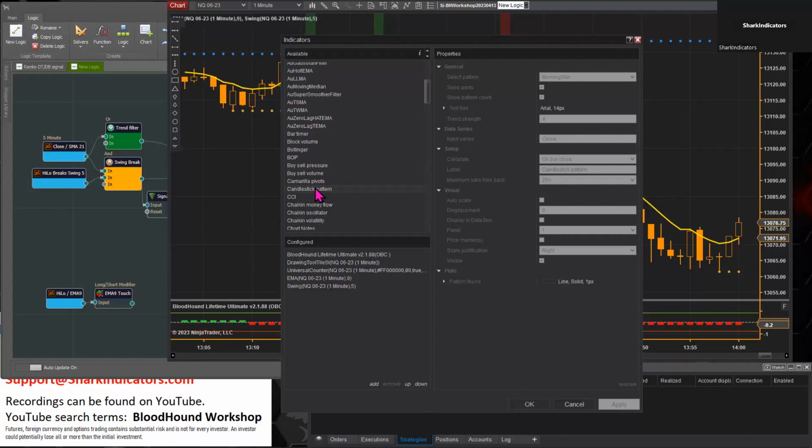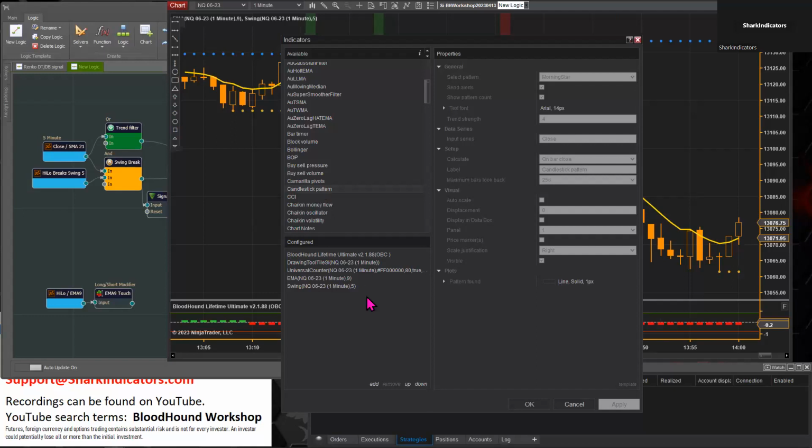BloodHound relies on indicators to do the heavy, complex calculations. Just think of BloodHound as the glue that glues all these indicators together into a system.